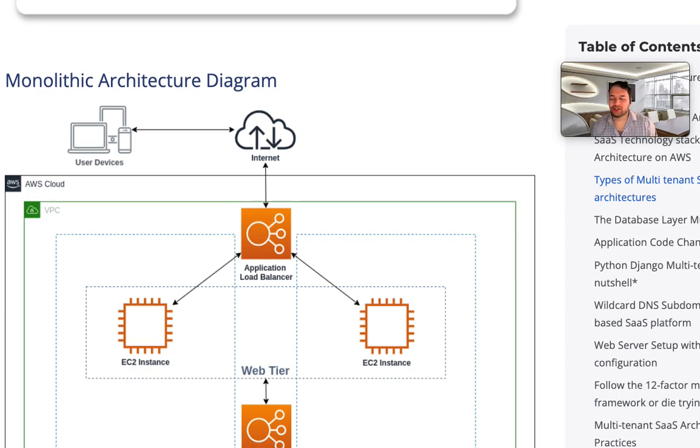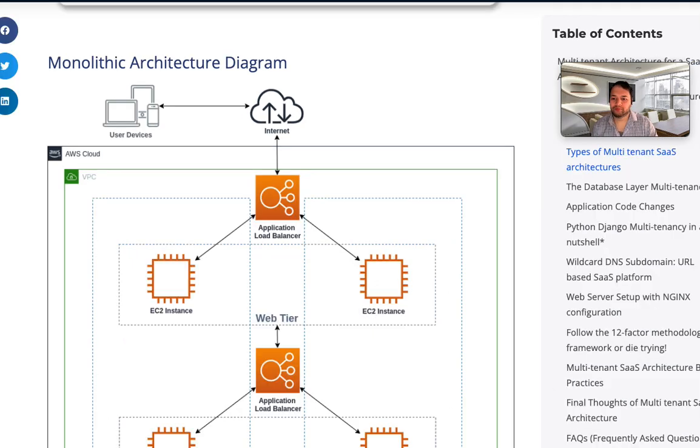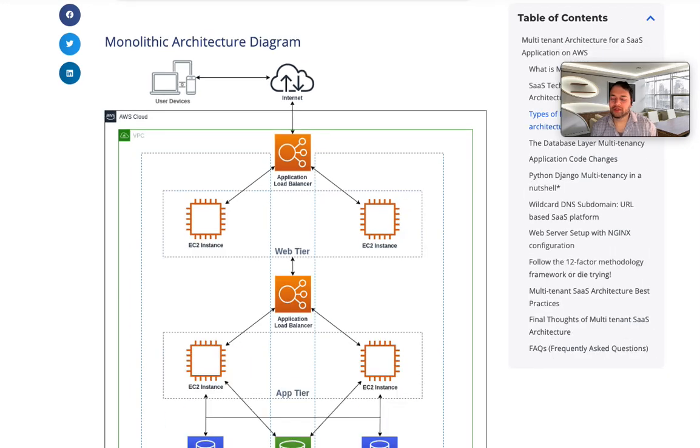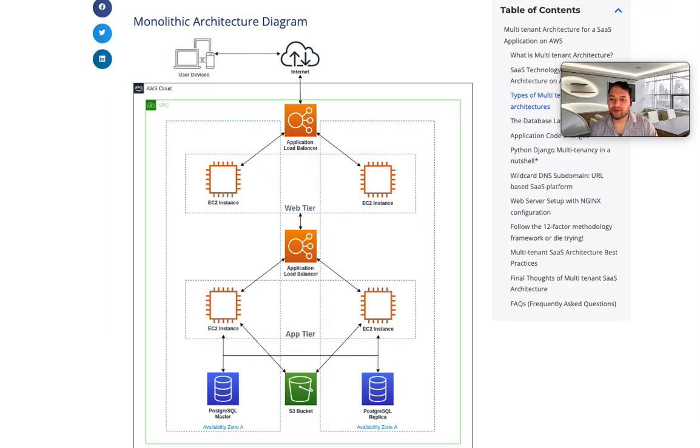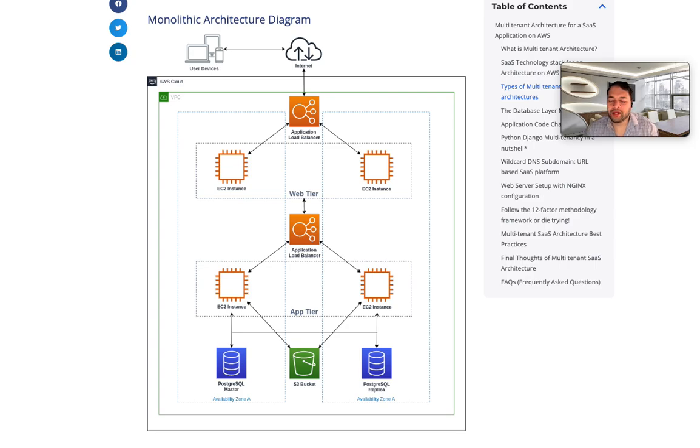So let's look at the monolithic architecture diagram. Let's see if I can get this whole thing to fit. All right, cool. So here we have, like we saw in the previous video, the architecture broken out as the user devices and the internet talking to our application load balancer. Now remember, we've skipped the CDN here.